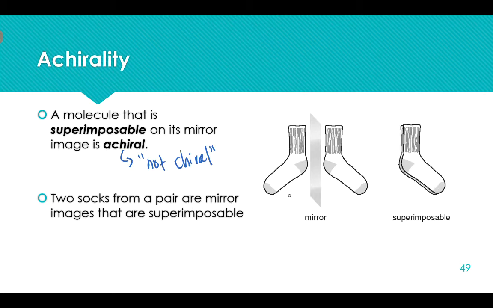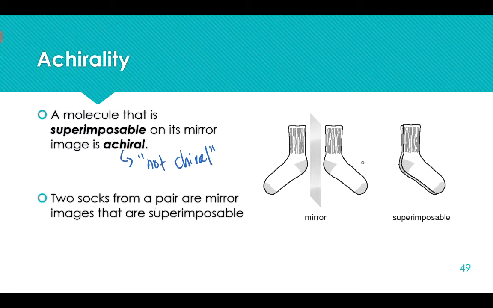That's different than toe socks, for instance, that might have a bigger toe on one side for your big toe. But there's no left and right socks. These are just regular socks, and you can put the left sock on the right foot or the right sock on the left foot. It doesn't matter because the socks themselves are not chiral.